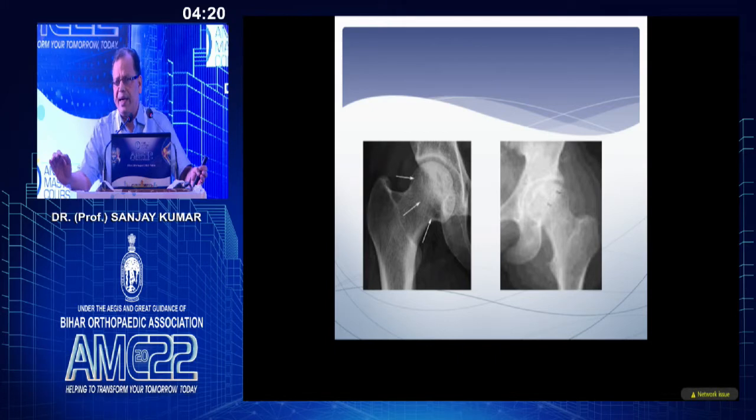Once the head is collapsed, the consensus in the literature is clear: whatever has been tried, ultimately it leads to a replacement, and the results of replacement you can assure and they are predictable. But once the head is not collapsed, the problem arises when the patient comes to you in the initial stage.